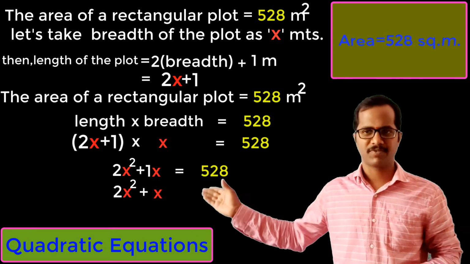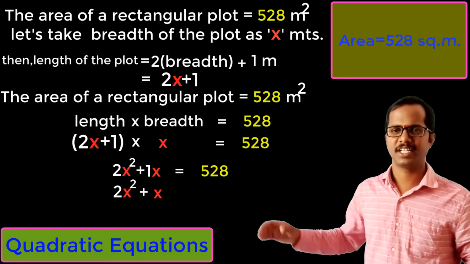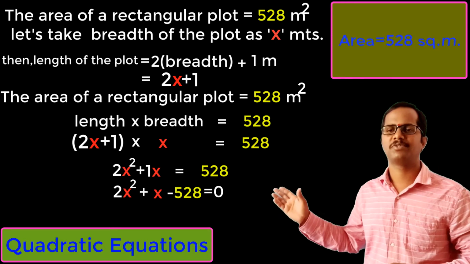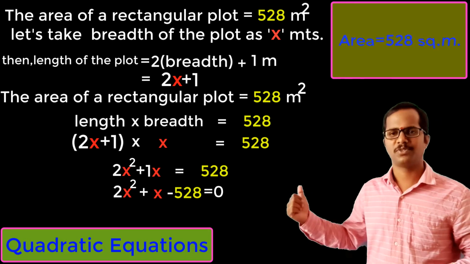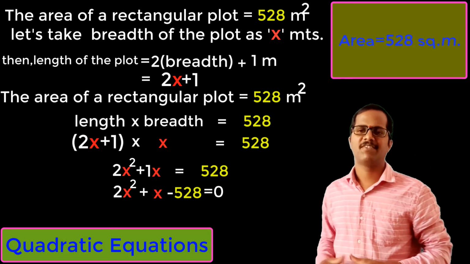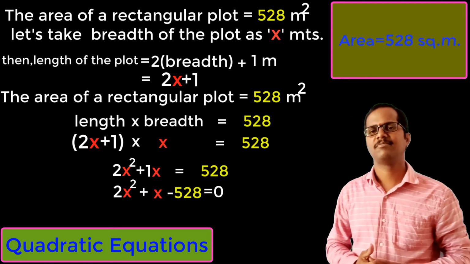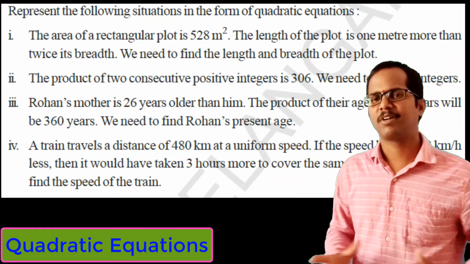If we transpose this 528 to the left side, we get minus 528. So we get 2x square plus x minus 528 equals 0, which is the required quadratic equation to represent this situation mathematically.